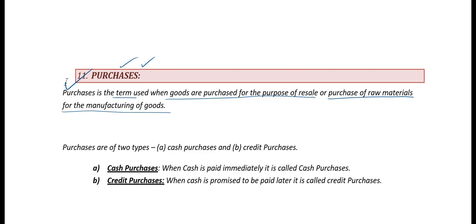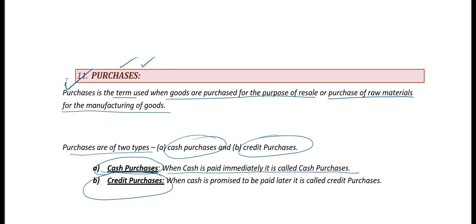There are two kinds of purchases. One is called cash purchase and the other is called credit purchase. In the case of cash purchase, cash is paid immediately, then it is called cash purchases. And in the case of credit purchases, when cash is promised to be paid later on, it is called credit purchases.